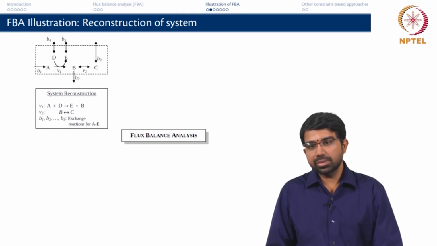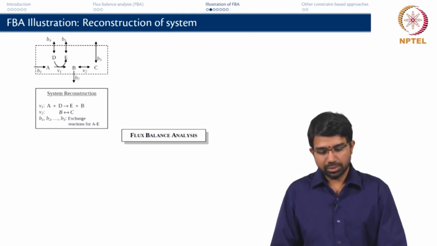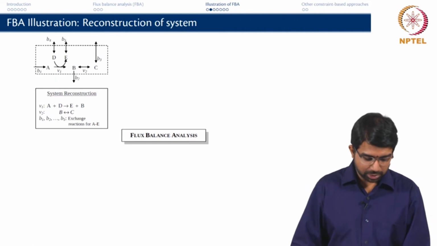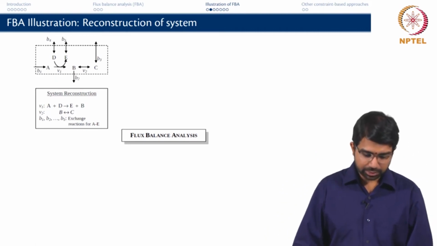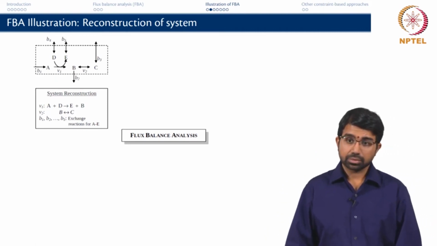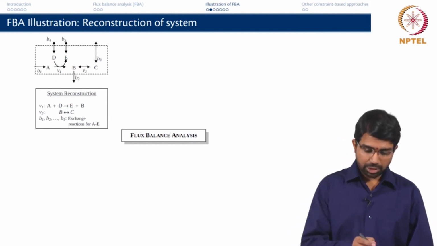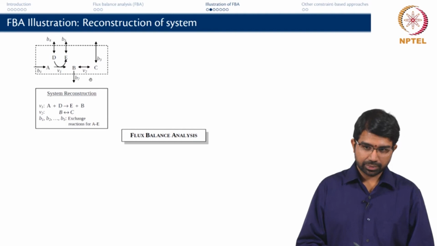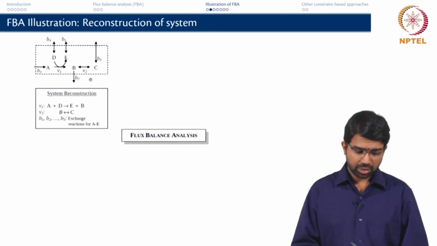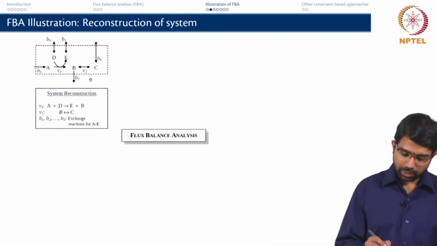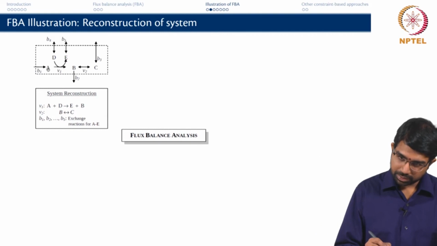So, dx by dt equals S into V. What is your stoichiometric matrix? What is going to be the size of your stoichiometric matrix here? What is M and what is R? M is 5. This is one reaction, right?